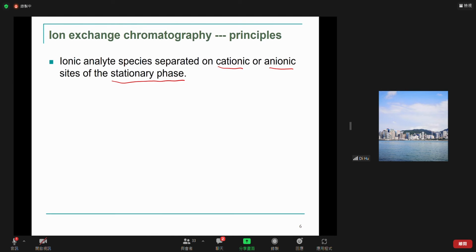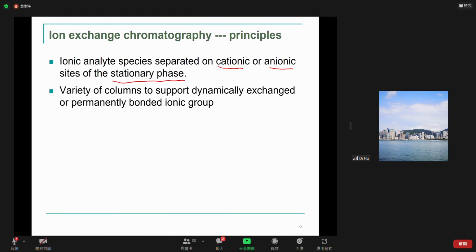The separation is based on electrostatic interactions between the analyte and the stationary phase, right? That means your analyte should have the opposite charge to the stationary phase, otherwise it cannot be attracted.